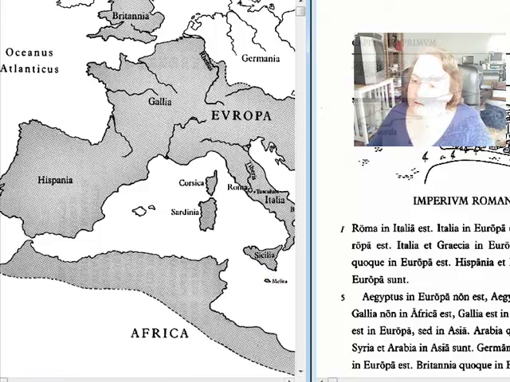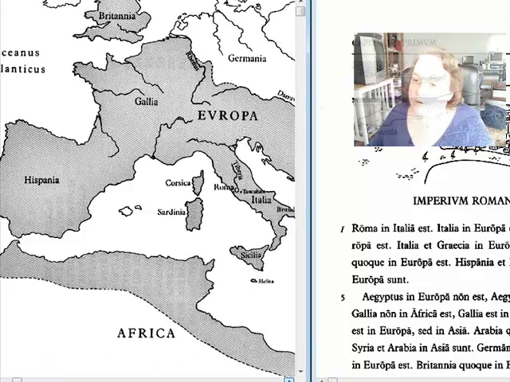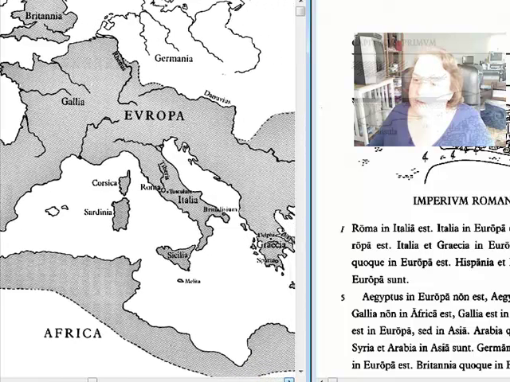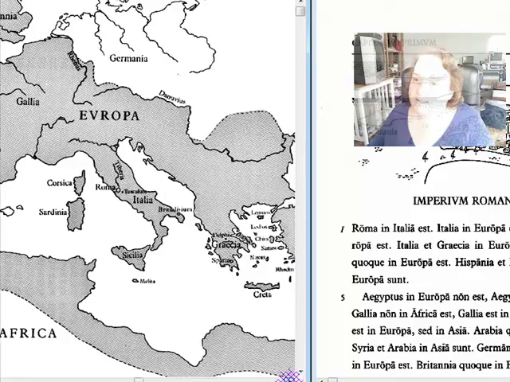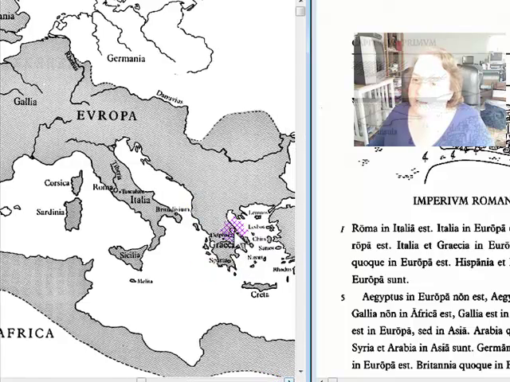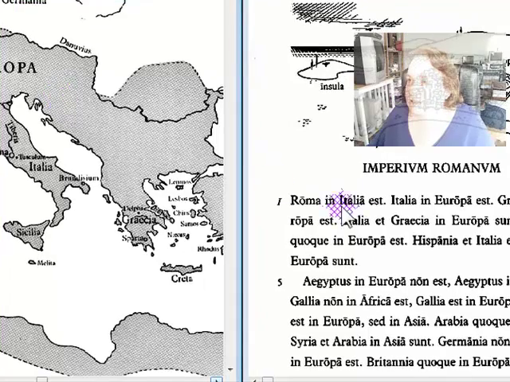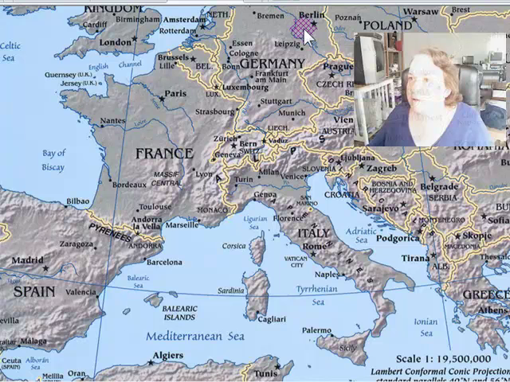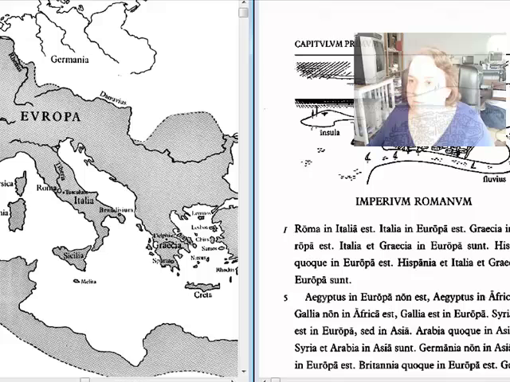Graecia in Europa est. Moving the map over to find Graecia. Here it is. Graecia in Europa est. If you're not sure what that is, you can go to your map of Europe. Graecia, Greece, is in Europe. Italia et Graecia in Europa sunt.